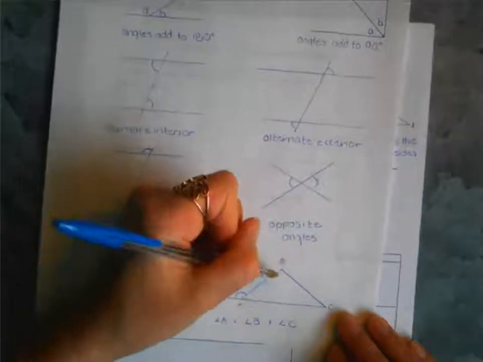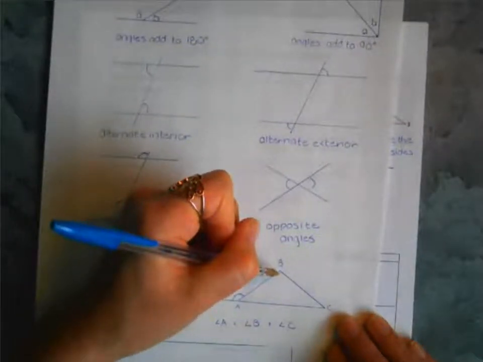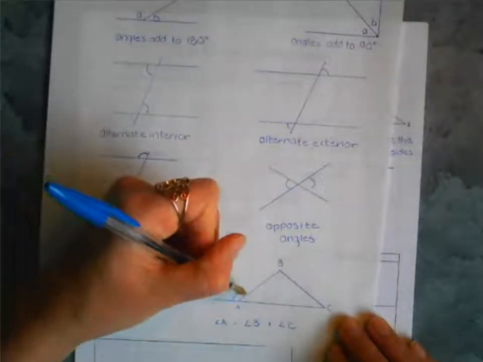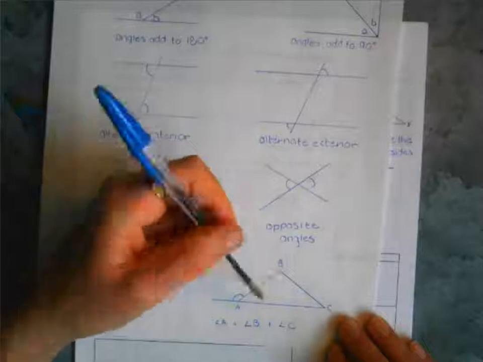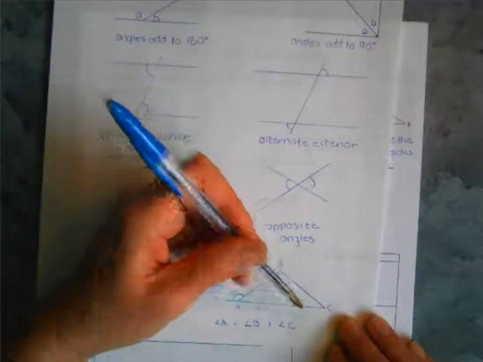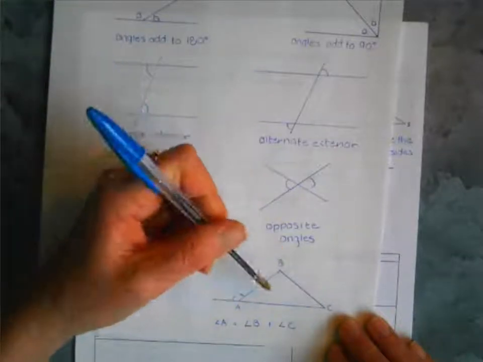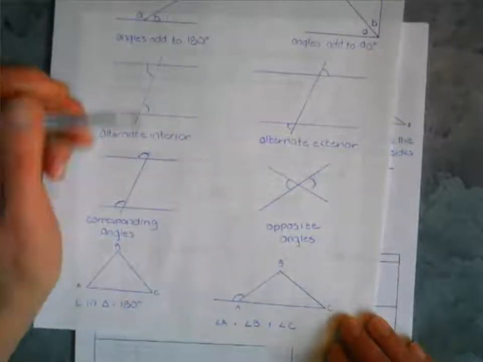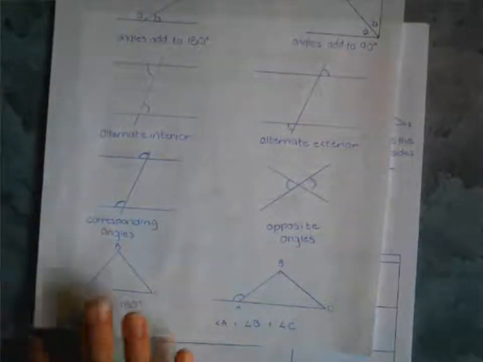And these two angles here, angle B and angle C, are not adjacent to that, so they're not next to it. And if we add these two angles together, their sum should be equal to the measurement of angle A. Okay, so that's where we left off last time.